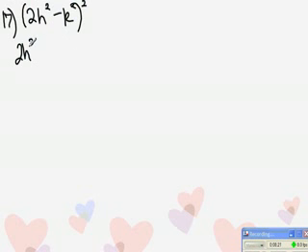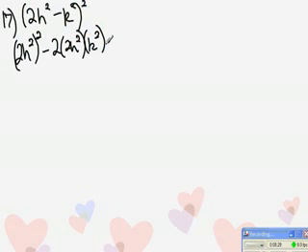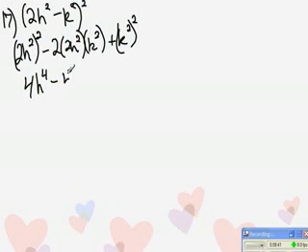So again, first one squared minus 2 times the first one times the second one plus the second one squared. 2 squared is 4. h squared squared is h to the 4th power. 2 times 2 is 4, h squared and k squared. k squared squared is k to the 4th.